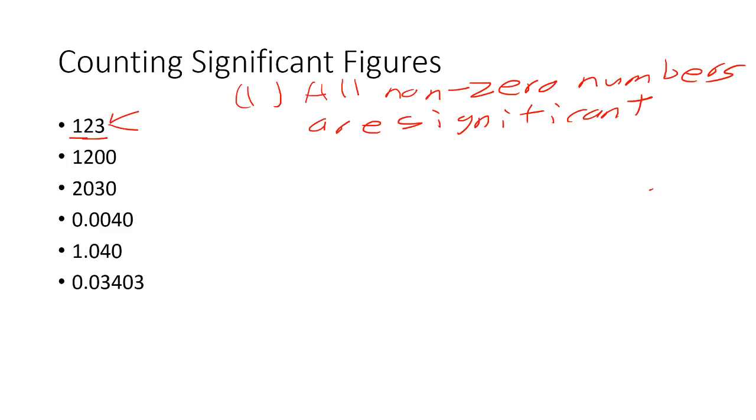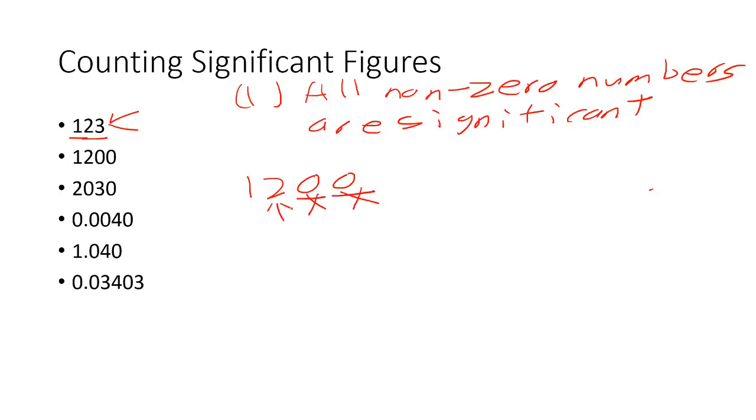So we'll start with the simpler case, when there is no decimal place. If there is no decimal place, then what matters is we only count zeros that are between two significant non-zero numbers. So any zeros that aren't between two non-zero significant figures don't count if there's no decimal place. So for example, in 1200, these two zeros are not between any significant figures, so they don't count.